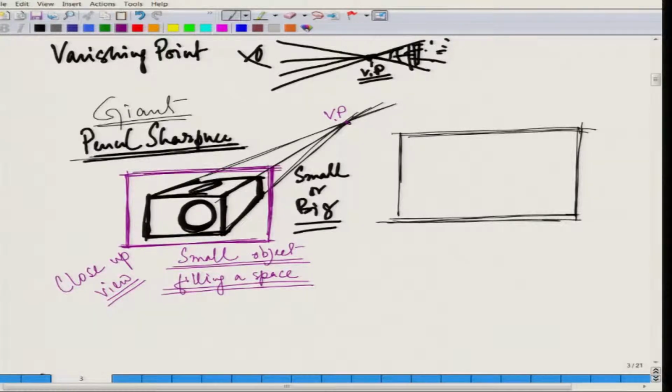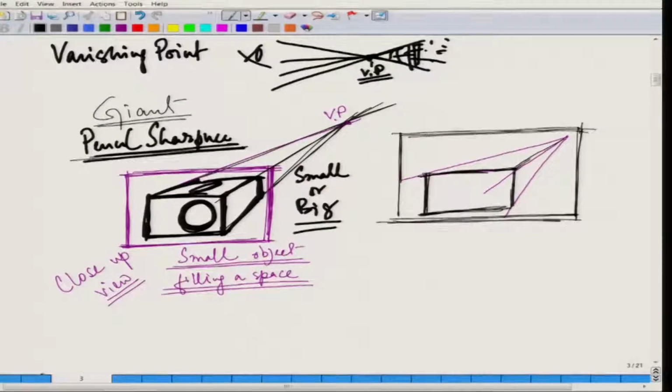So, we can keep it small by placing the vanishing point far off, whereas, if we place the vanishing point somewhere in the picture, and draw the object in reference to that, the amount of foreshortening will be heightened.